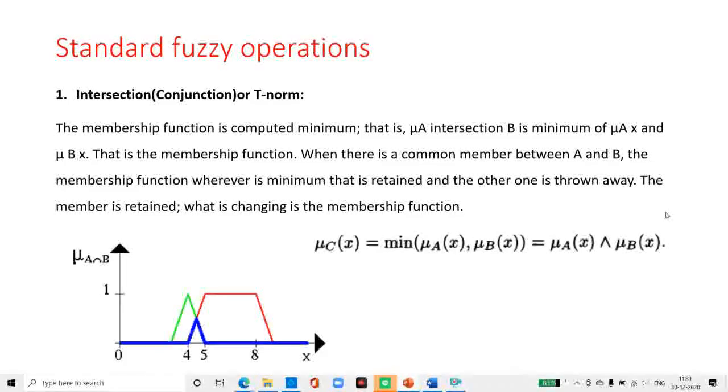That is the membership function, the final intersection for a membership function.